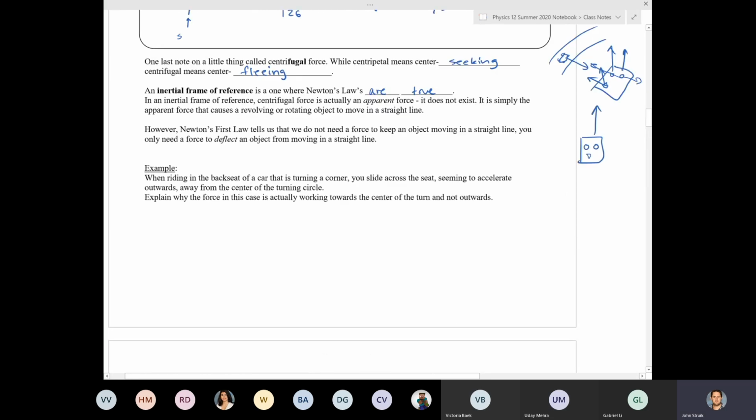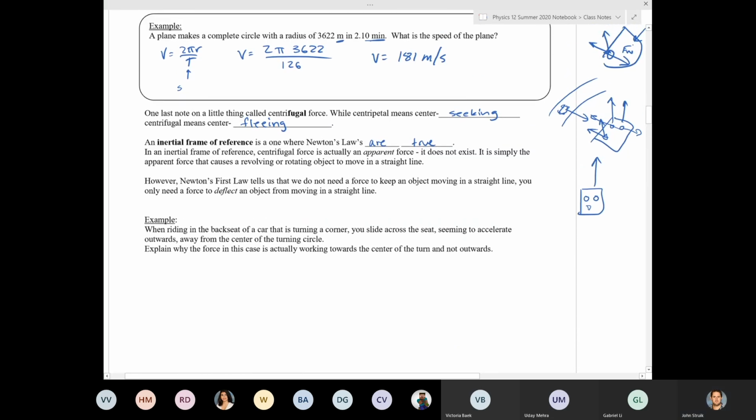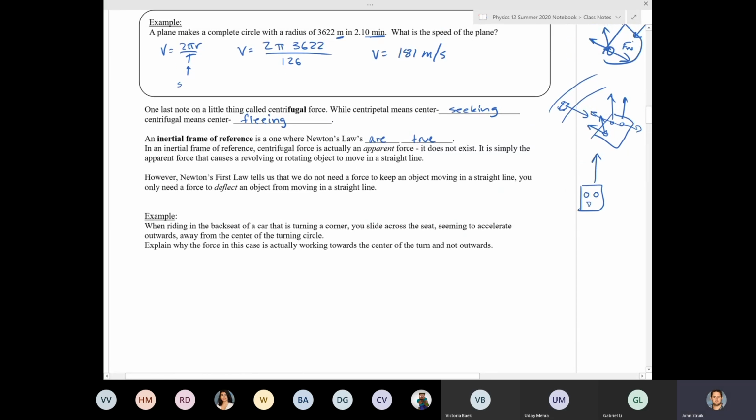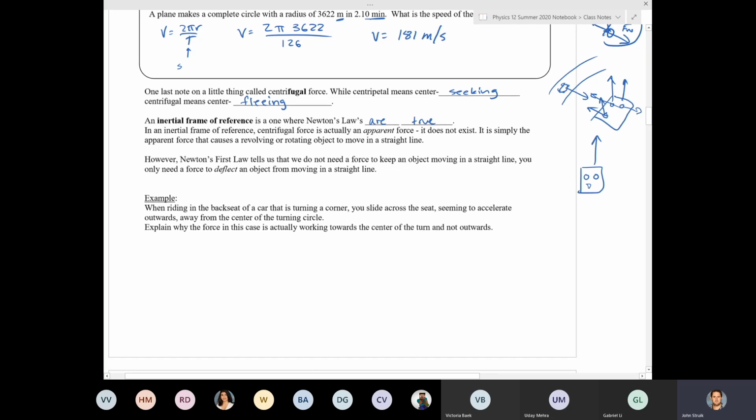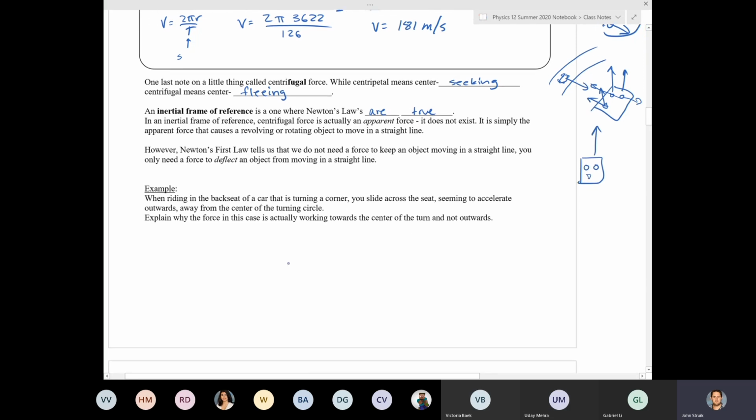I'll give you a hint. Okay, it's centrifugal force. So if you imagine a bucket of water at the bottom, and you're spinning it in an arc like this.